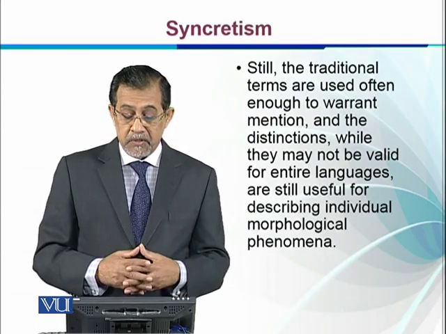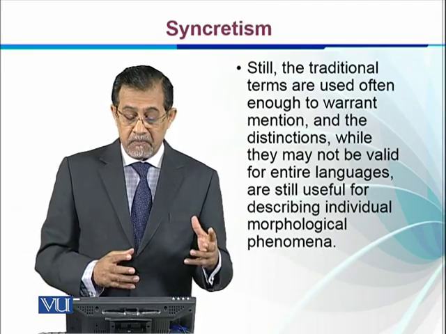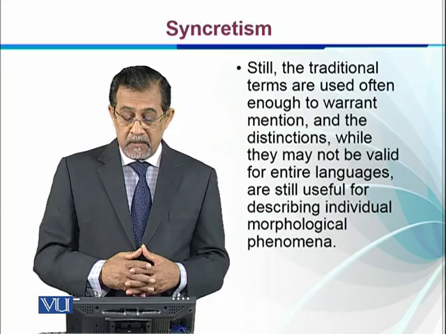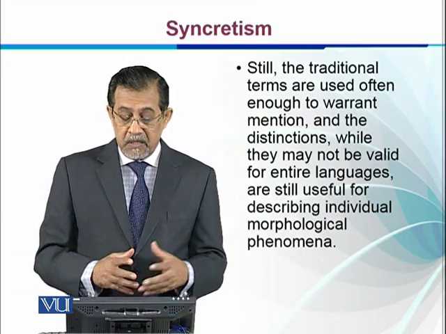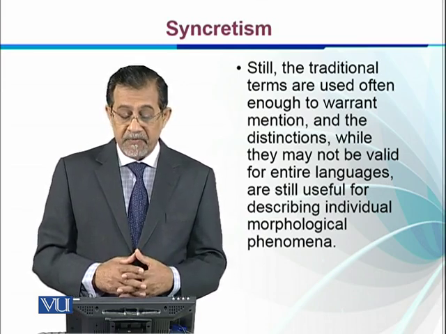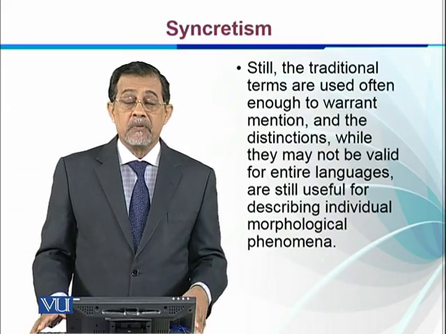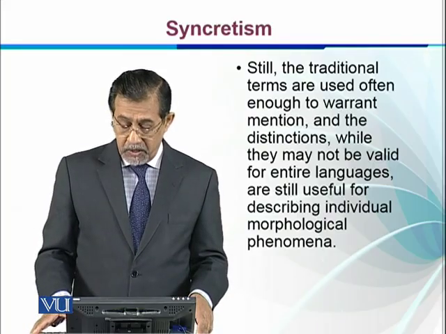Still, the traditional terms are used often enough to warrant mention, and the distinctions, while they may not be valid for entire languages, are still useful for describing individual morphological phenomena. So we are just talking about how different terms are used in morphology.